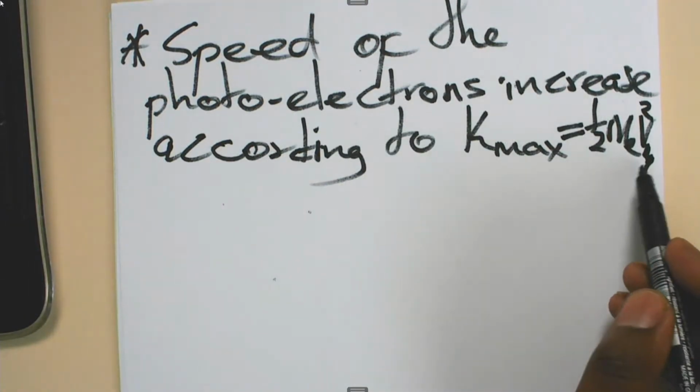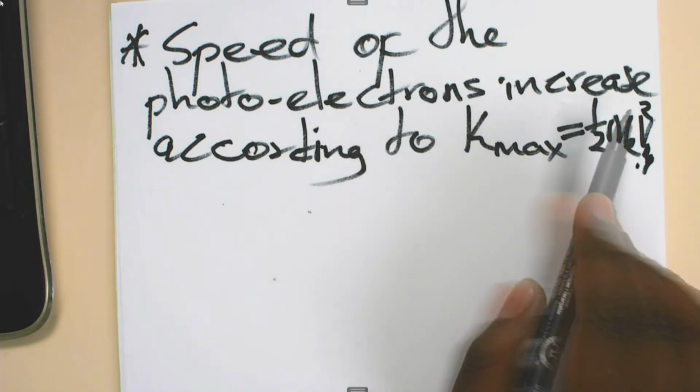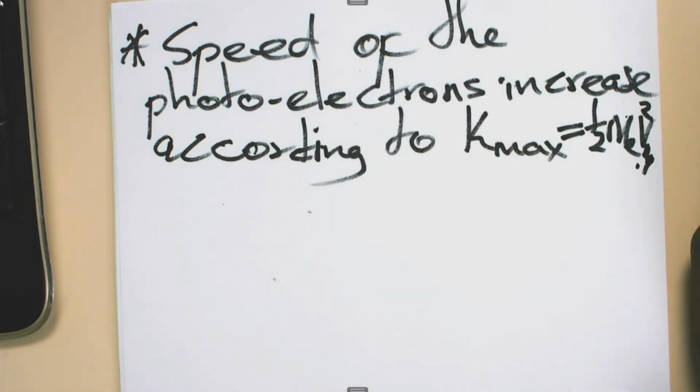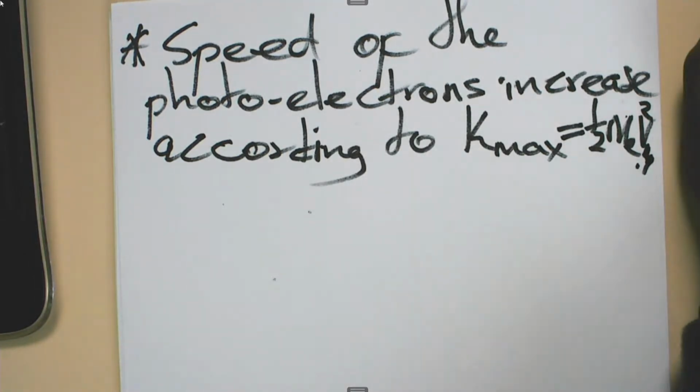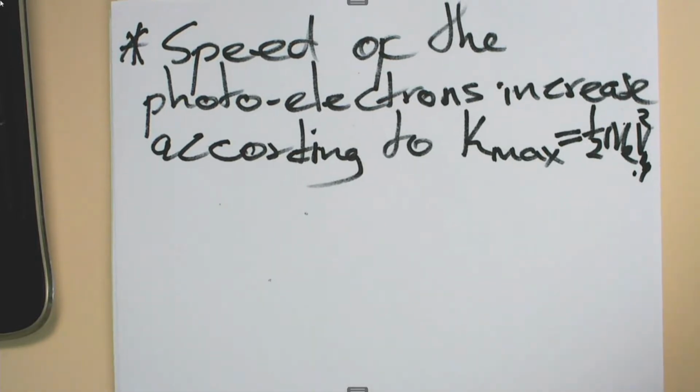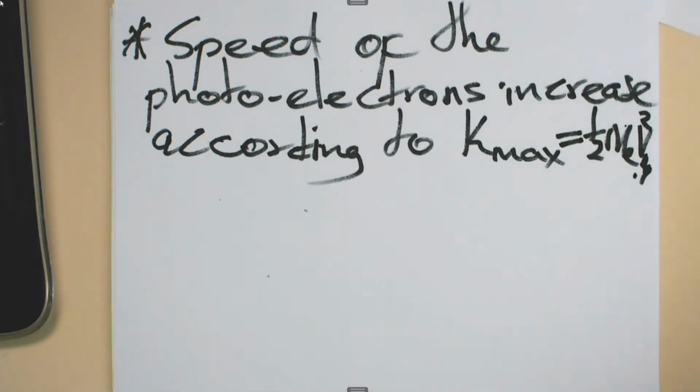So the speed of the photoelectrons will increase because we have increased the kinetic energy by increasing the frequency. So this is how this thing is done.